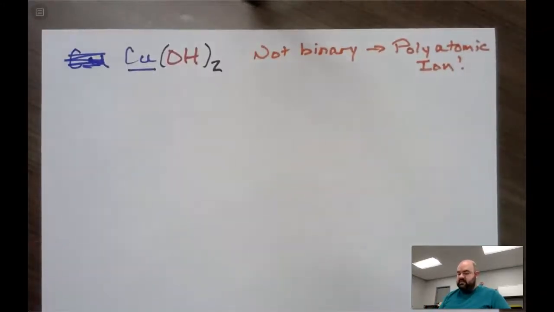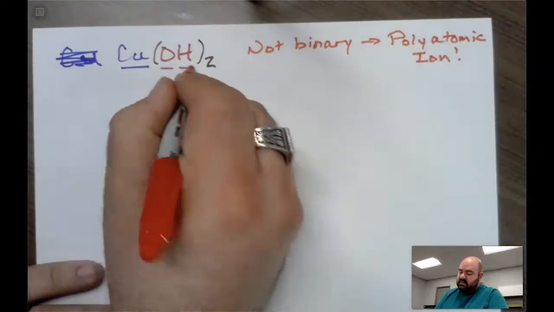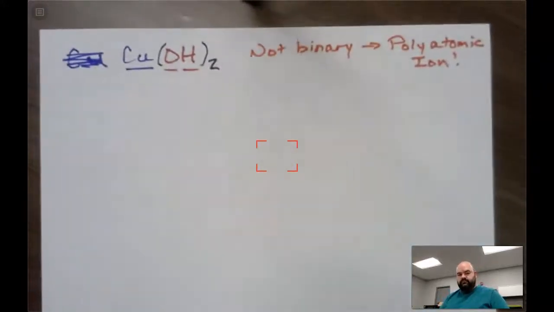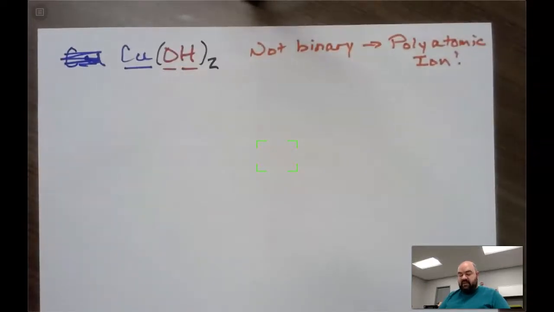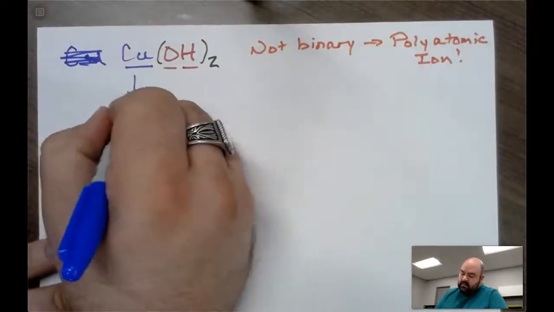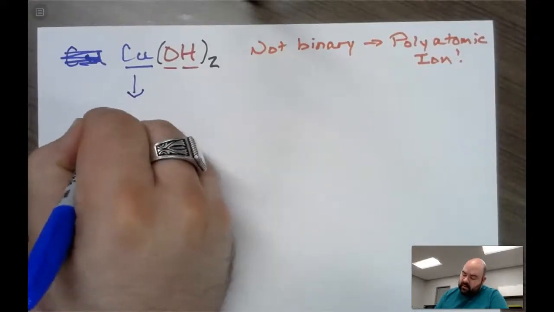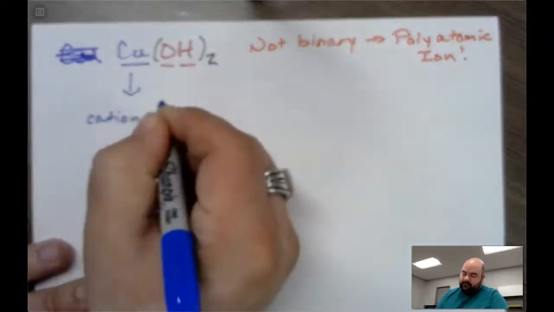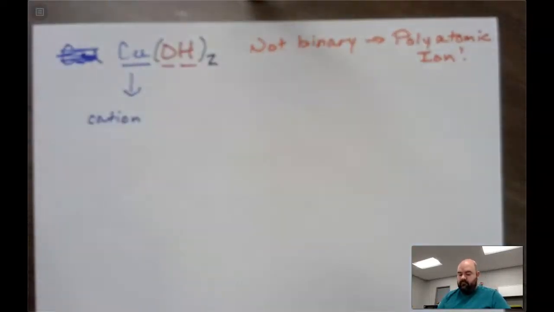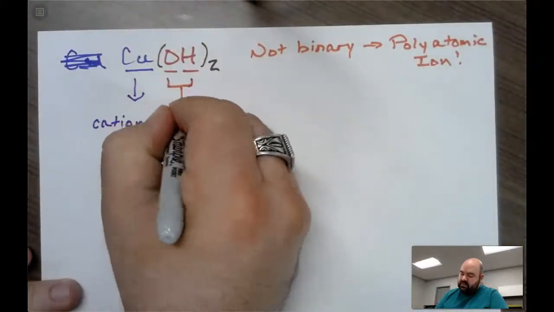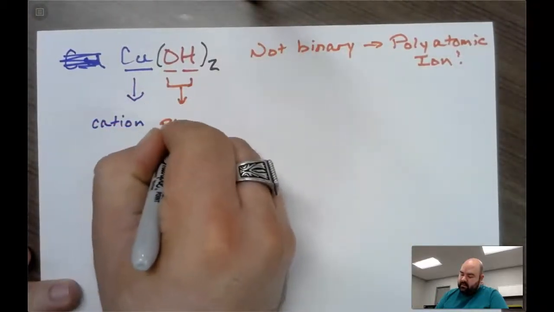There are the other elements, and as I told you earlier, if it's not part of the cation, it is part of the polyatomic ion. So that means this OH is a polyatomic ion.